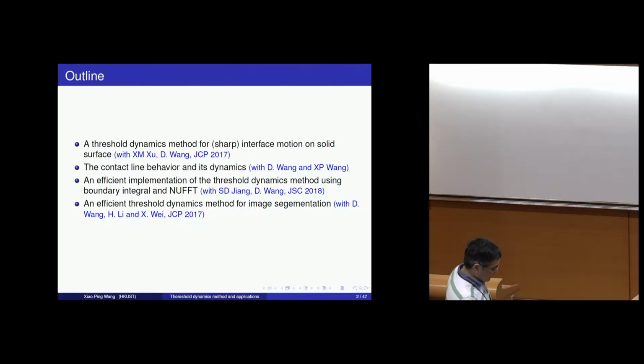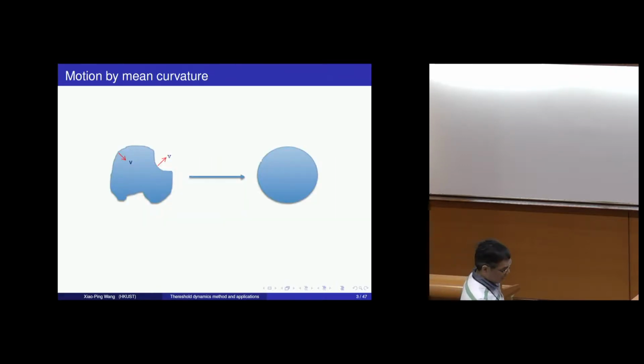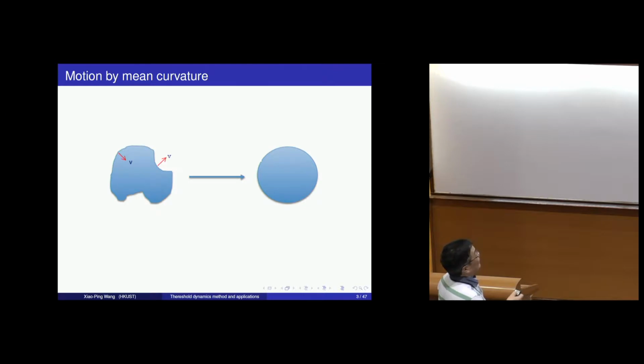So the threshold dynamics method was developed for simulating the so-called motion by mean curvature. Motion by mean curvature means if you start with some closed curve, then the curve moves with velocity that is proportional to the curvature.